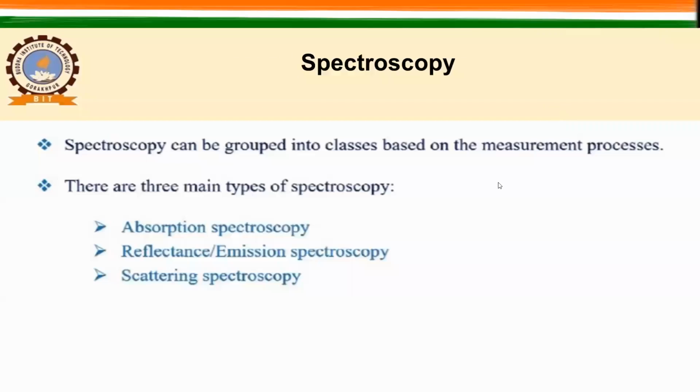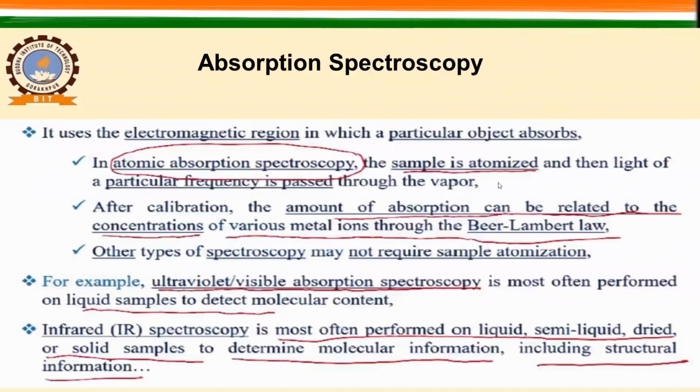तो सी, अगर हम एब्जॉर्प्शन स्पेक्ट्रोस्कोपी की बात करें, so let us see what we mean or what we do in absorption spectroscopy. This is basically related to your lab based instrument. ठीक है, ये basically आपका lab based instrument से related है. So it uses the electromagnetic region in which a particular object absorbs, right?